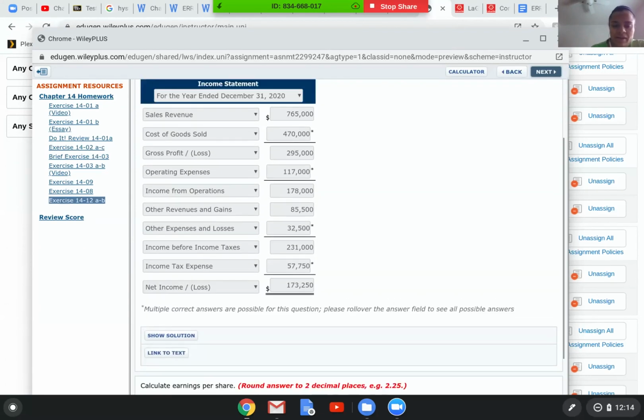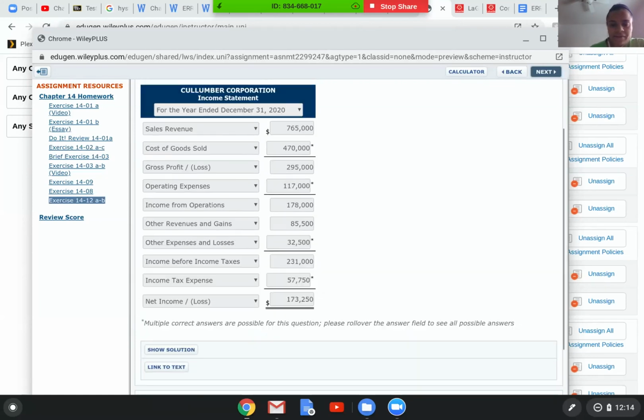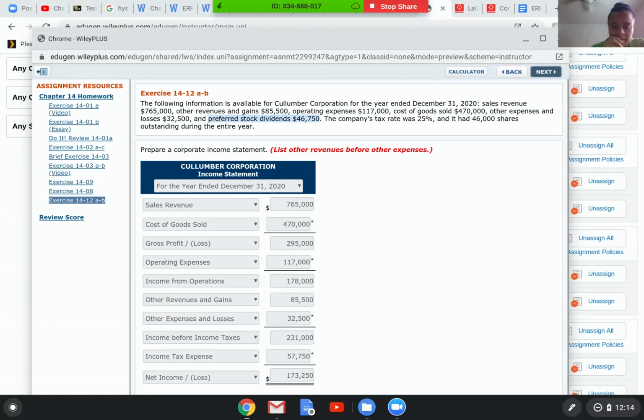When we calculate earnings per share, we have to subtract the preferred stock dividend. I'll go over this in detail in a minute, but I just want to make sure you understand that you are not deducting the preferred stock dividend anywhere on an income statement.